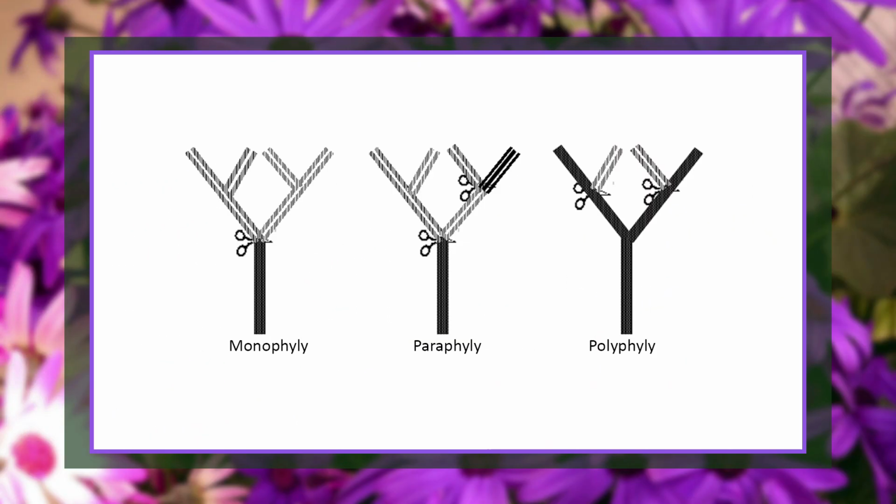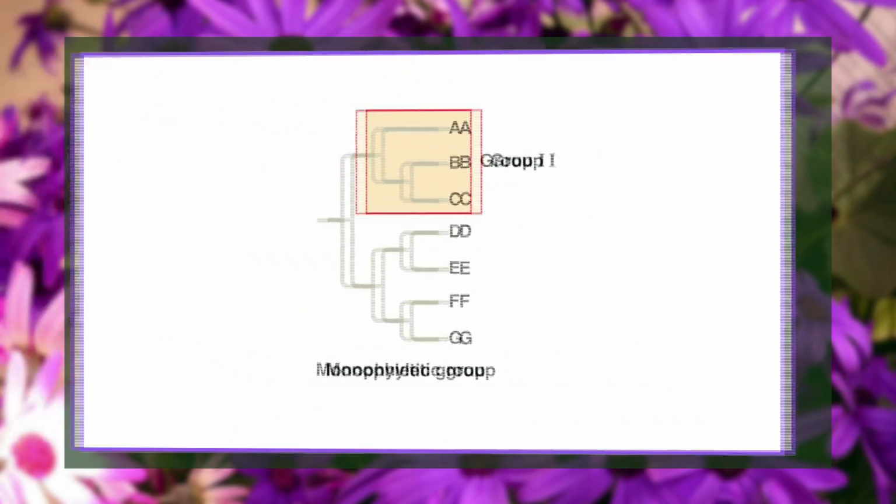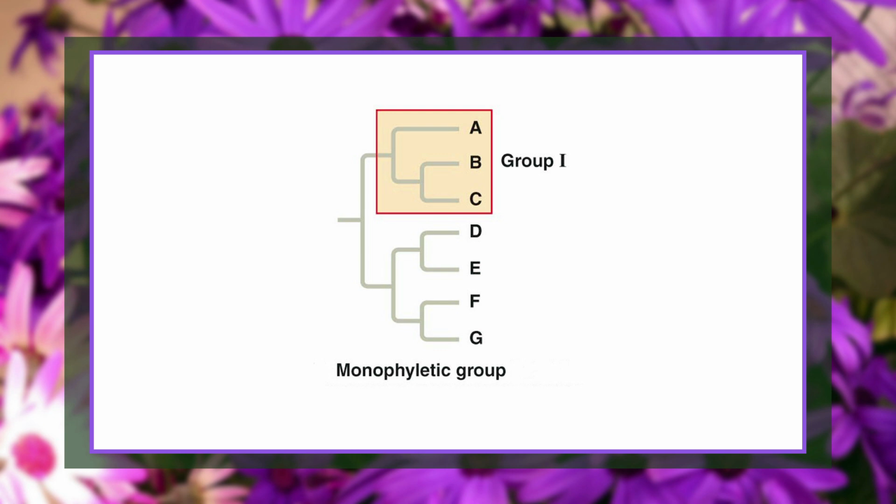An excellent representation of monophyly, paraphyly and polyphyly is presented by the cutting rules devised by Dahlgren and Rasmussen. The distinction is based on how the group is separated from a representative evolutionary tree. A monophyletic group is separated by a single cut below the group, that is, it represents one complete branch.